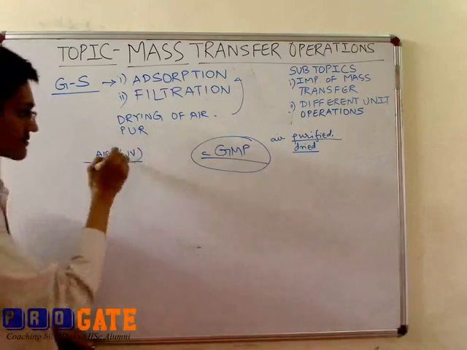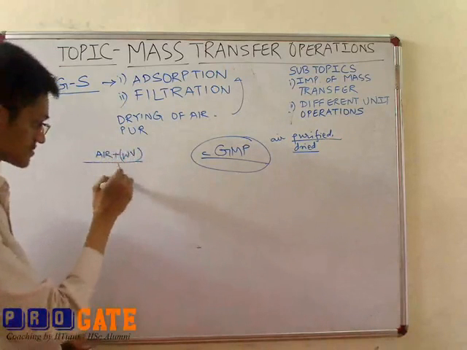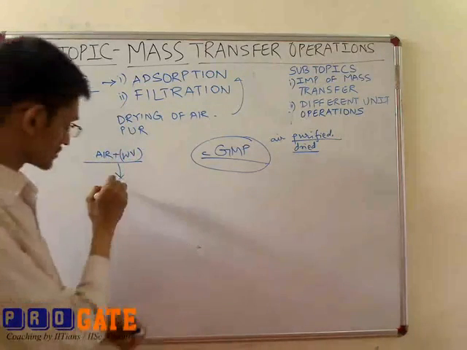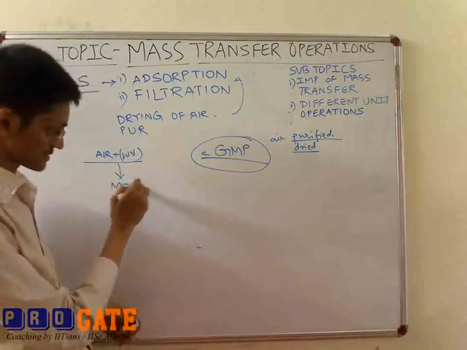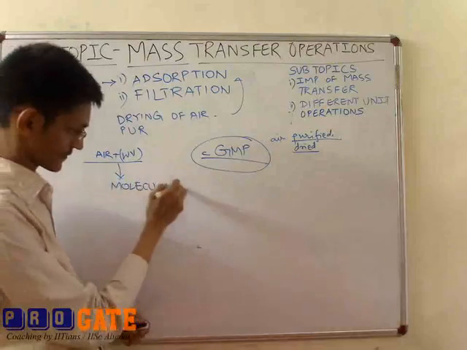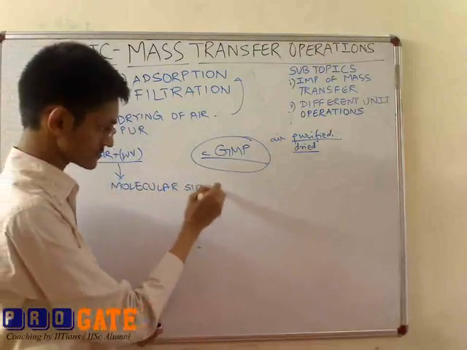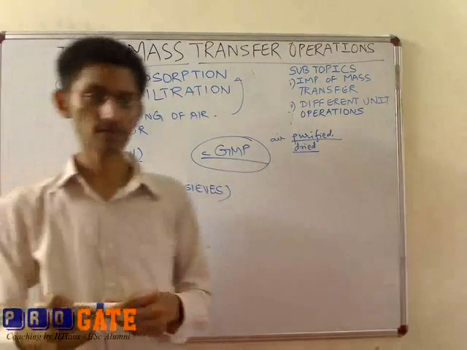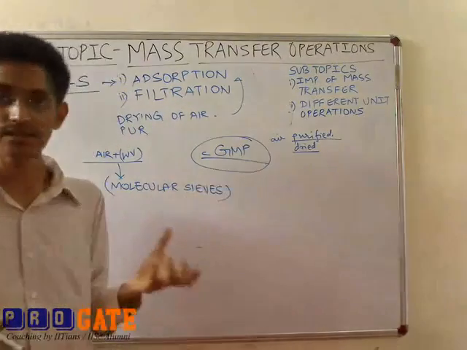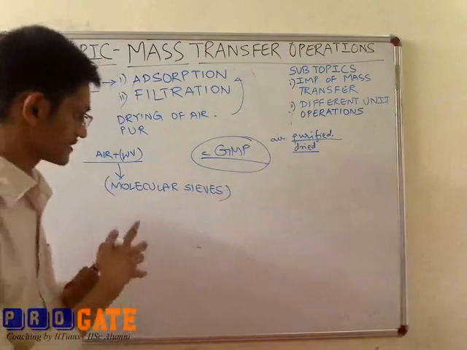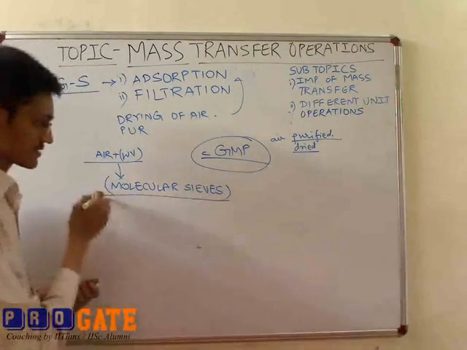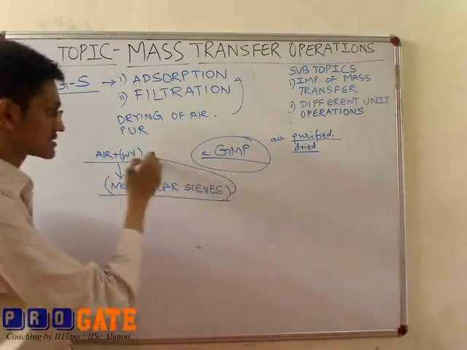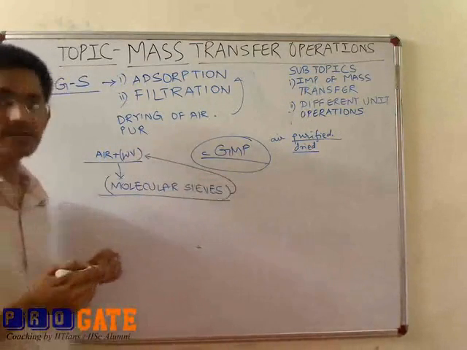So this air plus water vapor mixture is passed through a solid material called molecular sieves. These molecular sieves are basically again a microporous material. They have different attraction towards the solutes of different chemical nature.